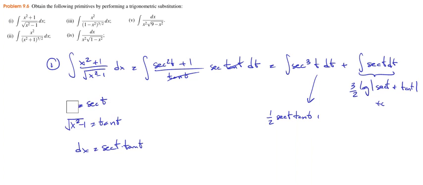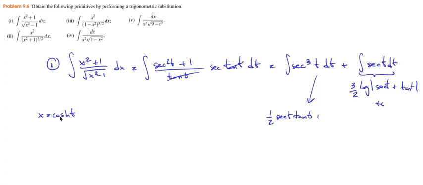Another way to solve this is to use another change of variable, which is x equal to the hyperbolic cosine of t, right? So now x squared minus 1 is the hyperbolic cosine squared minus 1, which is the hyperbolic sine squared, and dx is hyperbolic sine.